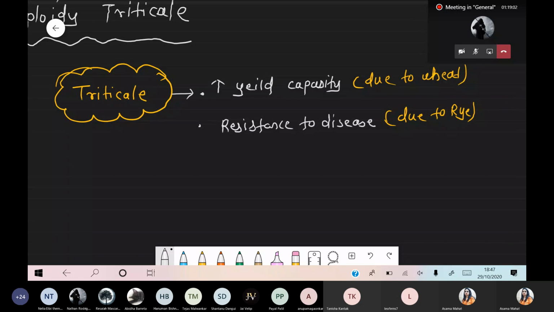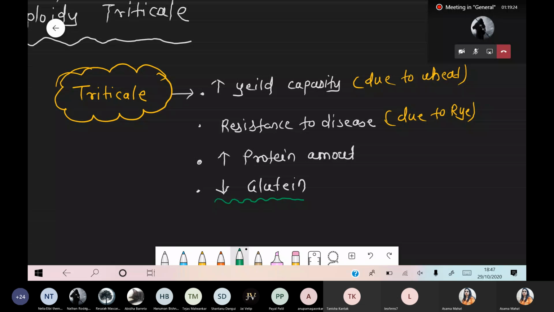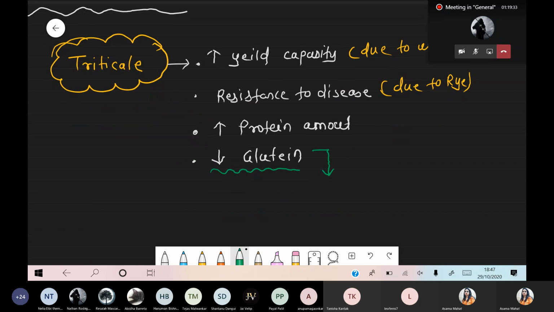Number third, it having the high protein amount, but they having low gluten. Gluten is the protein which is present inside the wheat, right? But इसके अंदर क्या present है? These consist of low gluten. So because of low gluten, such type of triticale variety is used as a fodder crop.